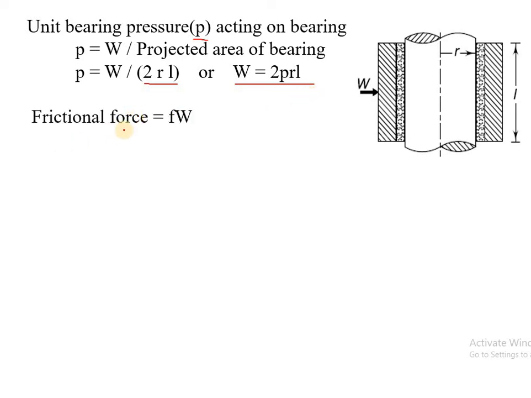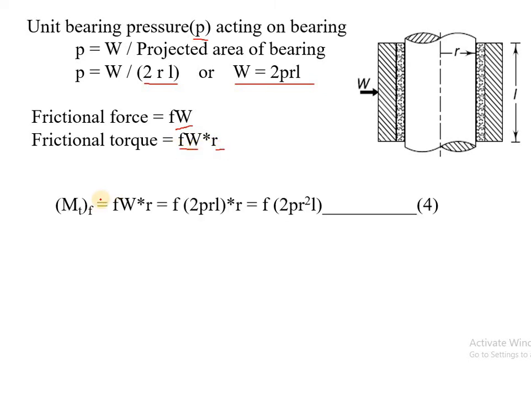Now next, frictional force. Frictional force can be written in terms of W as f into W. So frictional torque is given by frictional force into radius, so frictional torque is fW into R. Now again we can say that frictional torque Mt suffix f is equal to this equation.